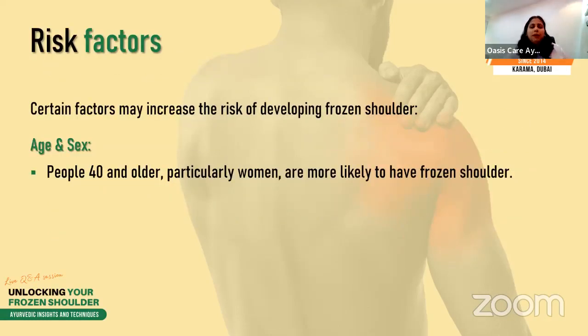Who are the people at risk for frozen shoulder? Nowadays we can see many patients, male and female, but mainly female patients who are 40 plus are the ones maximum times having frozen shoulder.